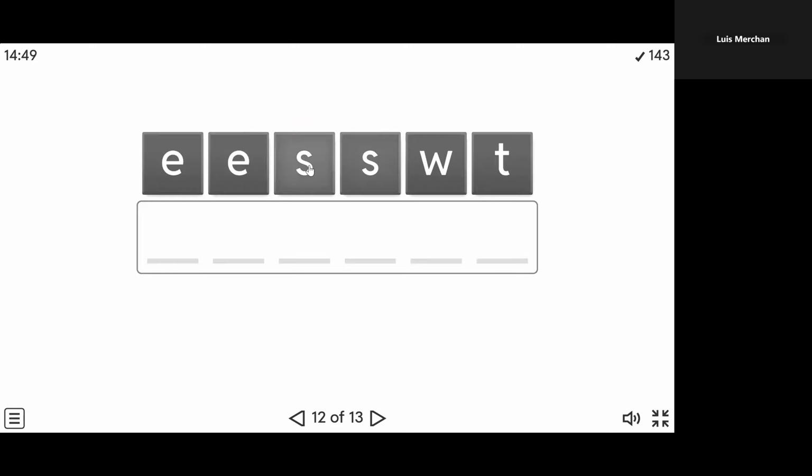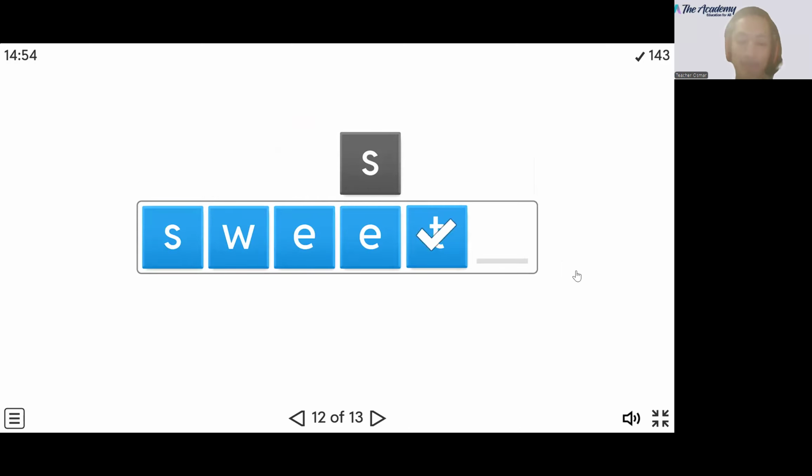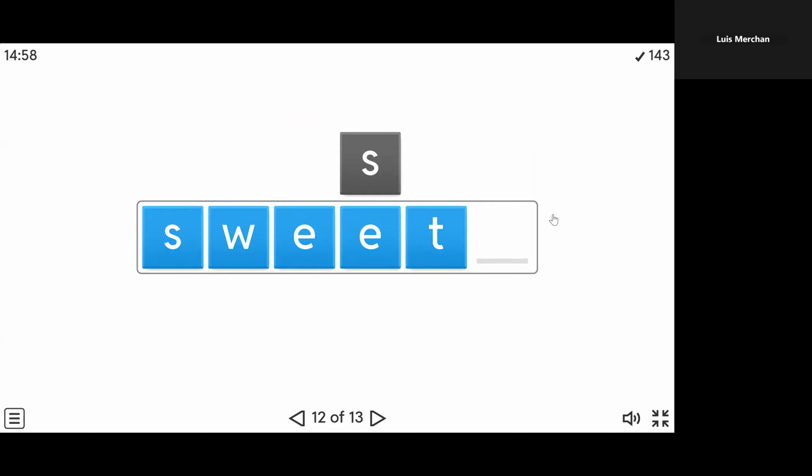Sweets. What are sweets? Dulces, caramelos. Yeah. Why do you think this is important in an emergency?